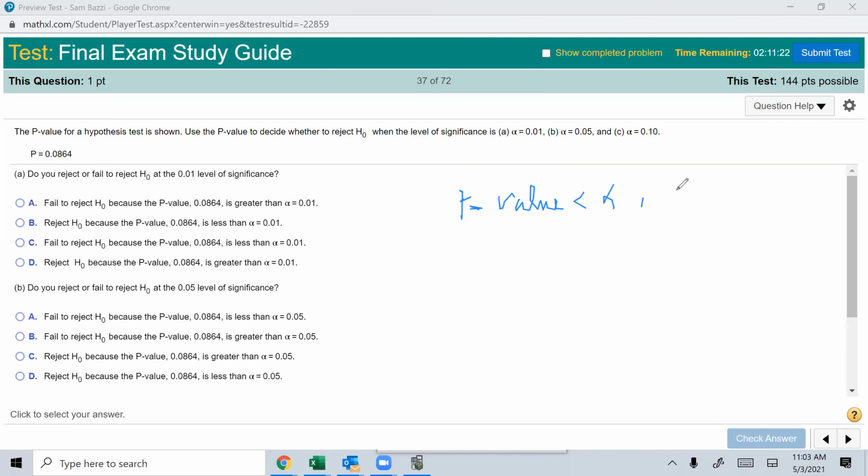You need to memorize this as much as you memorize the most important things in your life, because that's a key here for statistics. So p-value less than alpha, reject H0, and p-value more than alpha, fail to reject H0. Not accept, fail to reject.